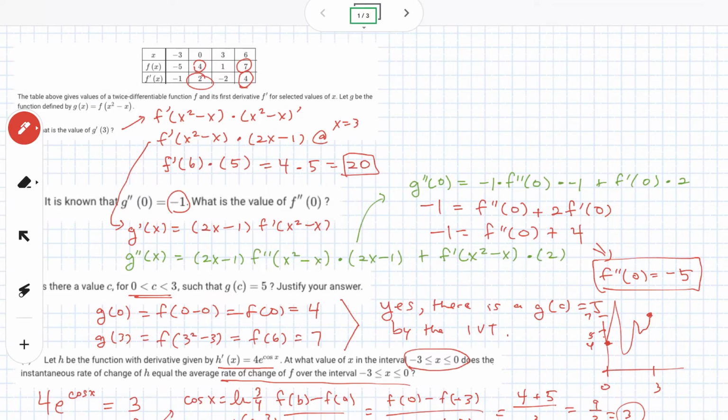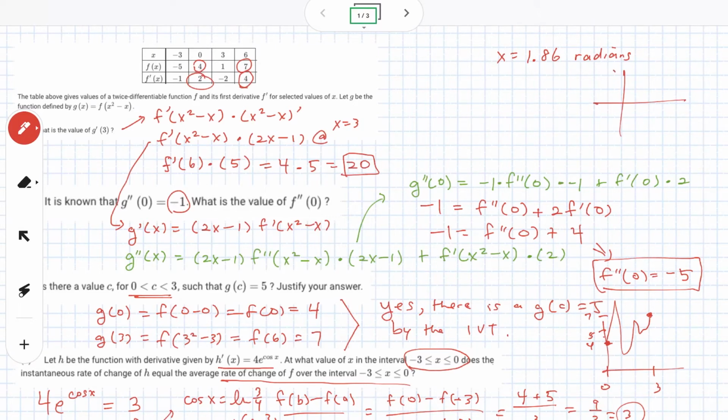So what I got for my answer is x equals 1.86 radians, right? So what this is telling me is that 1.86 radians, like, for example, pi over 2 is about 1.57.